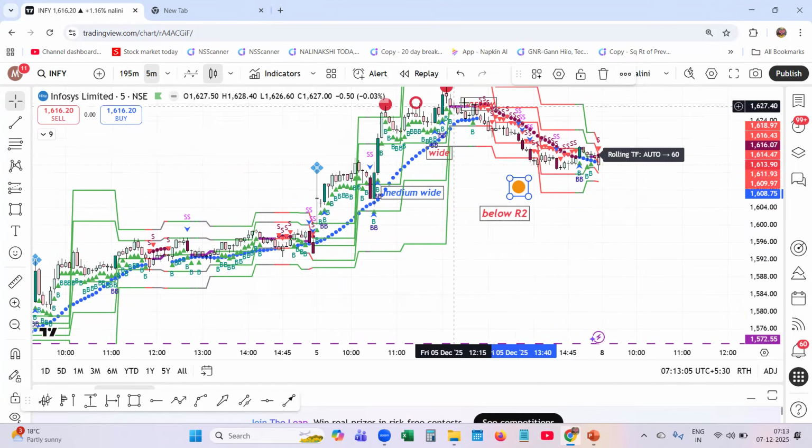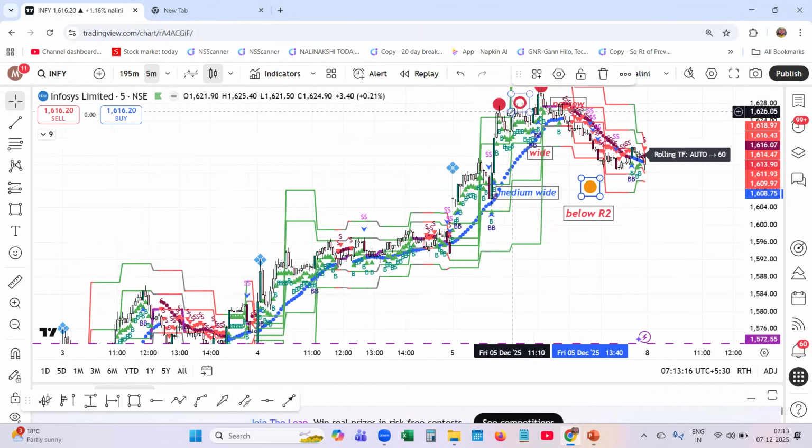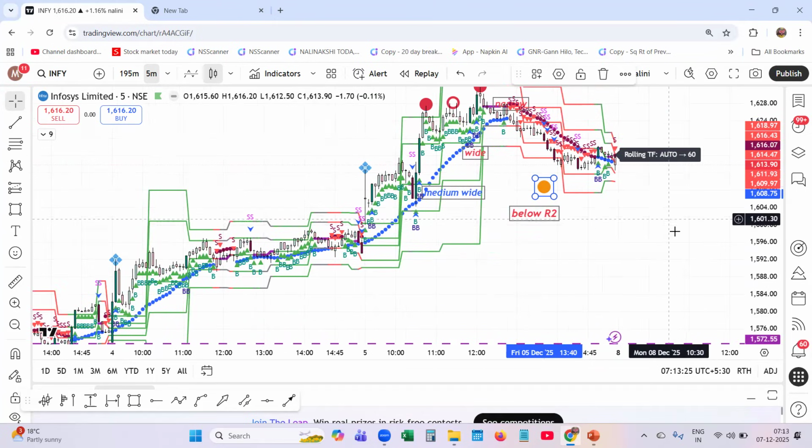So now you need to book profits in this Infosys. That is the indication in this. It has started its down move. The market cycle has changed. The cycle was up from third to fifth. Now it has started its down move. So it has come out of the R1, R3, that is an indication that it is undergoing correction.